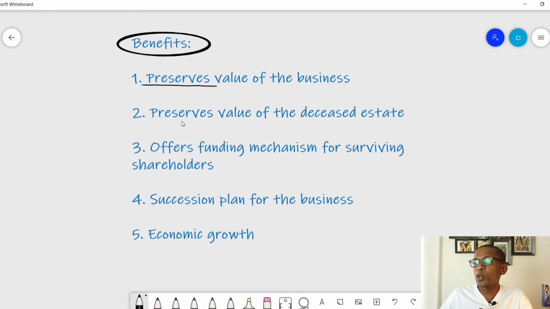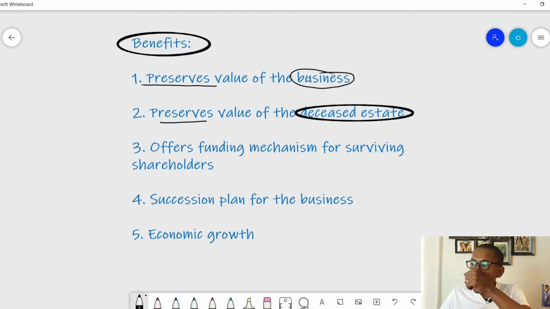Secondly, it also preserves the value for the actual deceased estate as opposed to the business. Now remember, if Mr. King owned these shares and they're worth 7 million rands, he's got heirs, he's got a wife, and he's got a minor daughter as well. Now, should he pass away, he wants that hard-earned value, the business that he started, to be enjoyed by his heirs, by his wife.